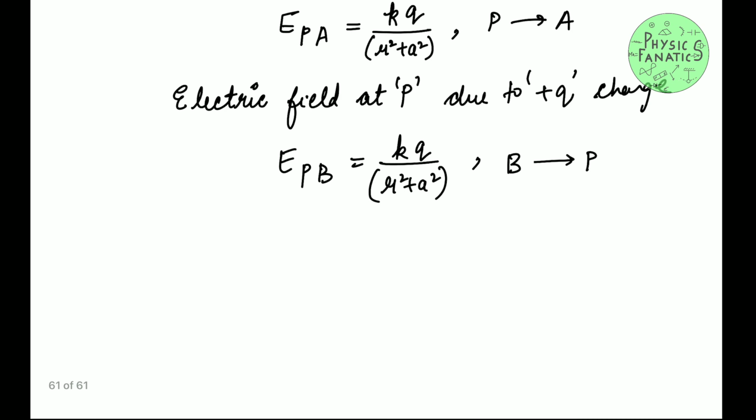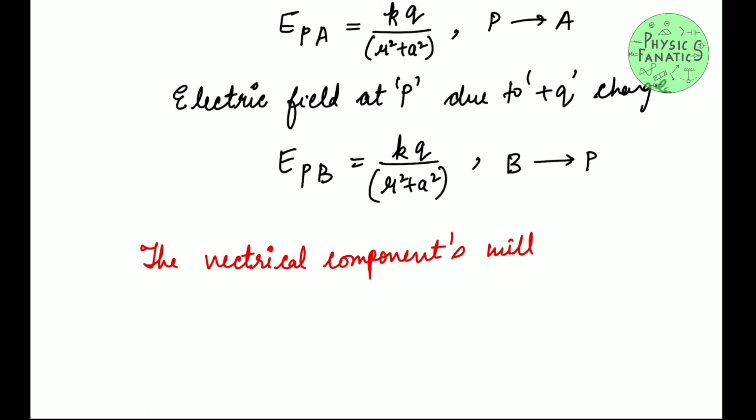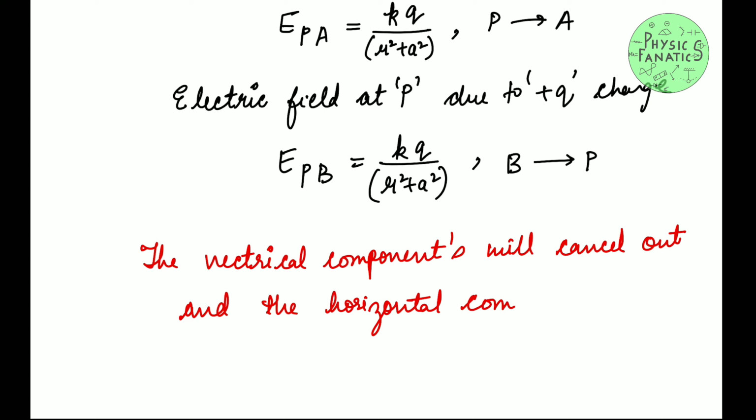So all I have to do is write that the vertical components will cancel out, and the horizontal components will add up.